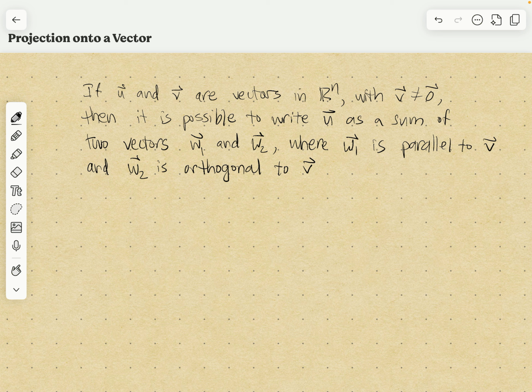And maybe I should emphasize that when I say it's parallel to v, I mean it is a scalar multiple of v. So w1 could be the zero vector. Okay, so this is a fact.